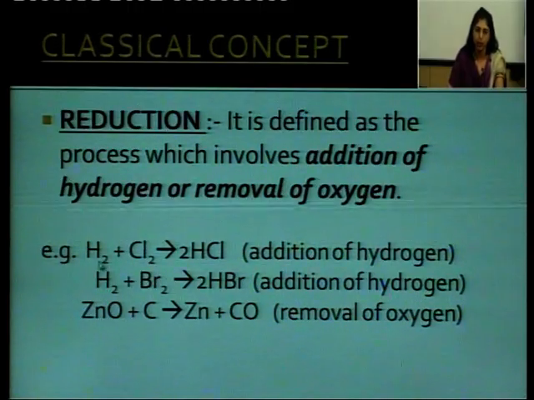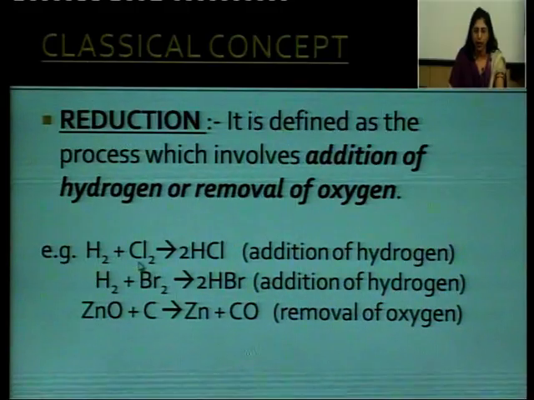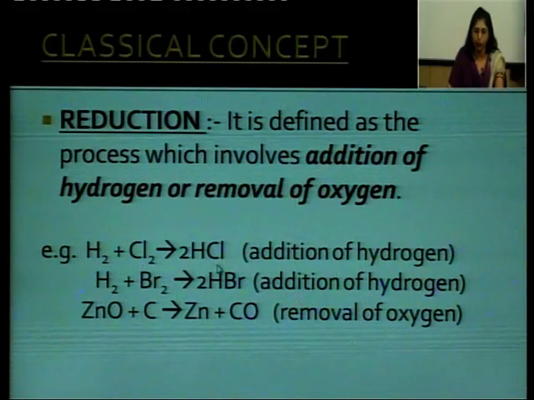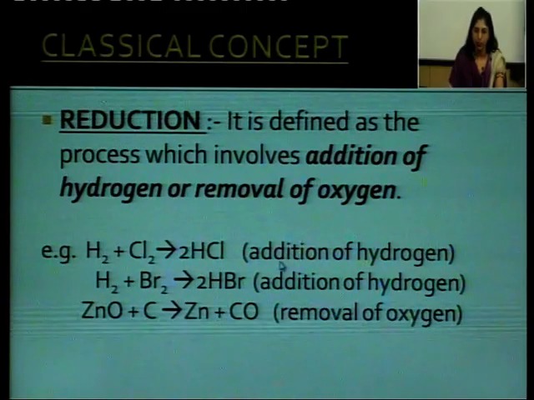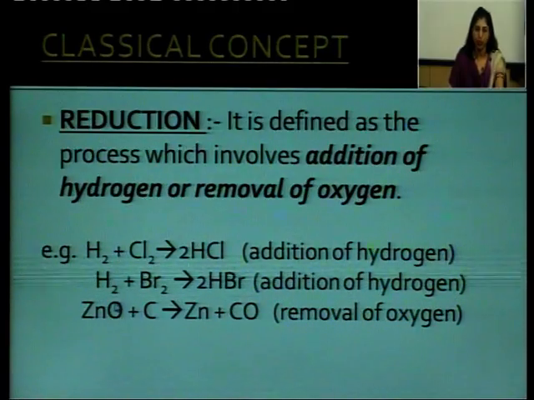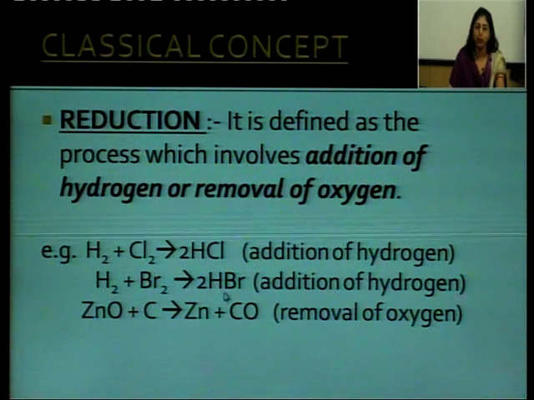For example, when H2 is added to Cl2, it forms two molecules of HCl. That means, it is the process in which hydrogen is added. The second reaction also shows the addition of hydrogen, in which H2 reacts with Br2, forming two molecules of HBr.